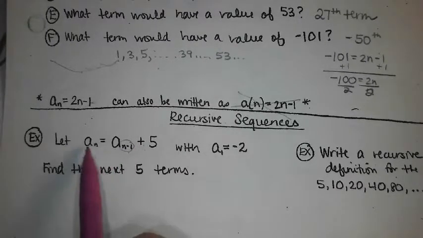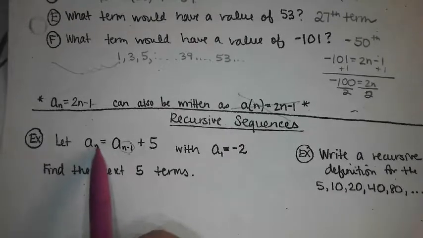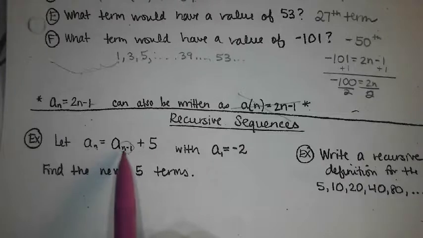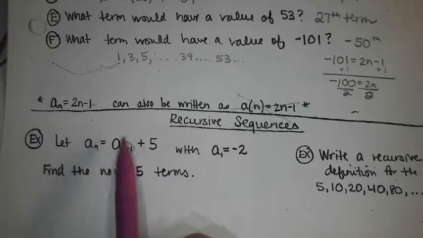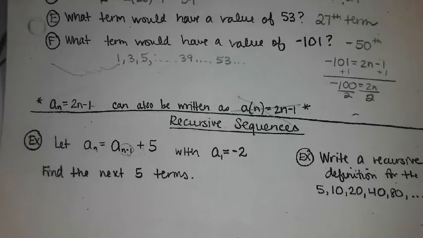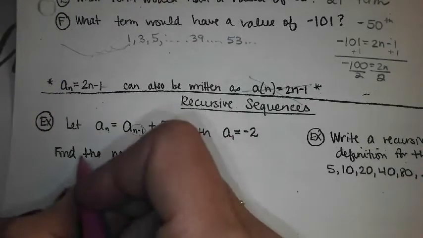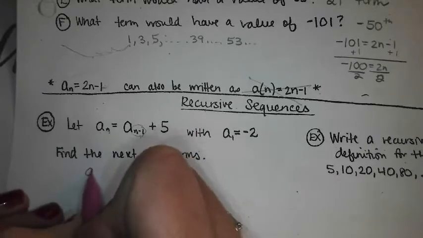So this says to find, let's say, the 100th term, you need a sub 100 minus 1, which would be 99. You need the 99th term and then add 5 to it in order to find the 100th term. You always need the term before or 2 terms before and so on. So this starts with a sub 1 equaling negative 2.